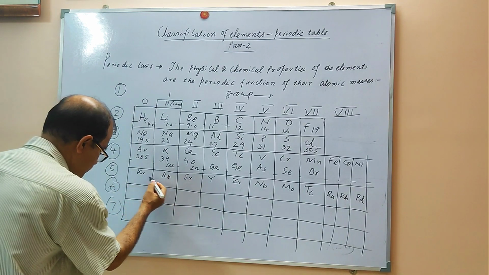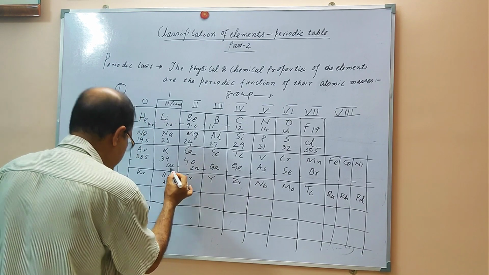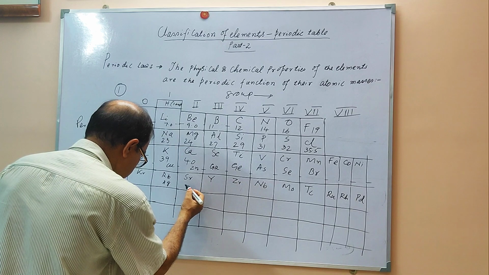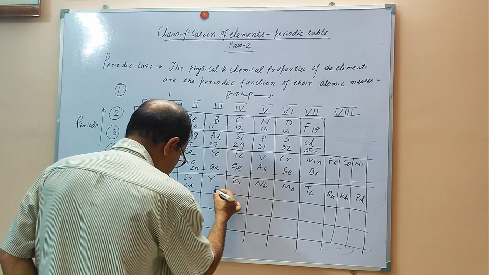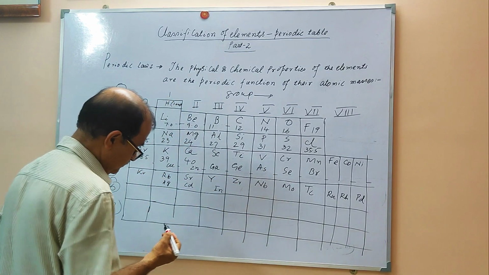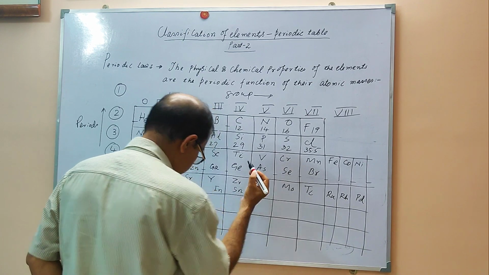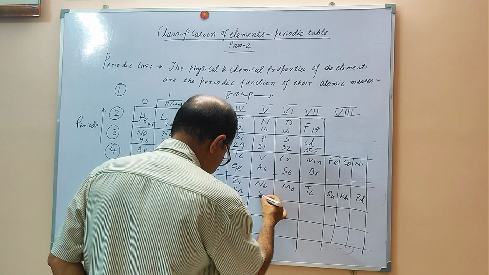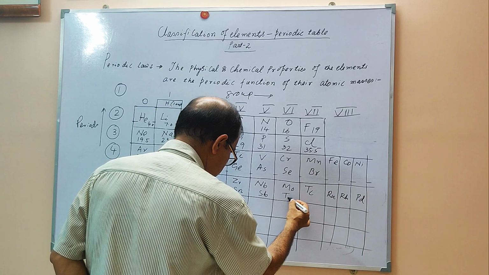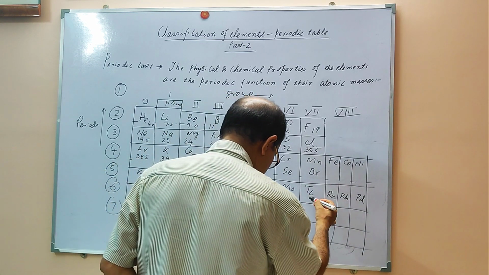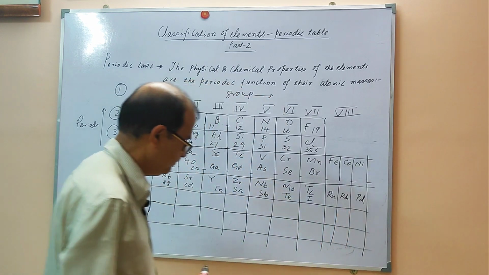In the fifth period it starts again from Ag, in group 1. Then you will find cadmium. Then indium, then Sn, then Sb, antimony. Then you get tellurium, and you can get iodine.